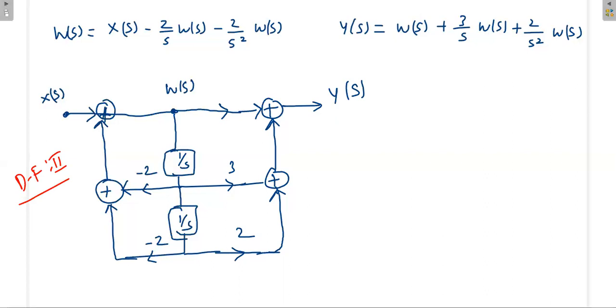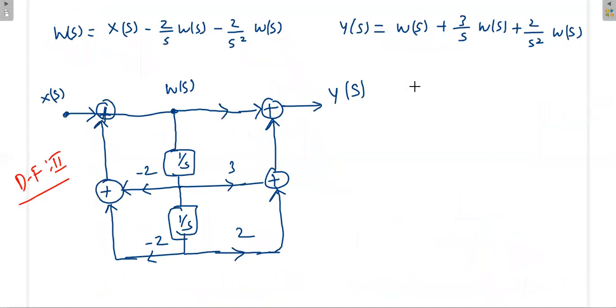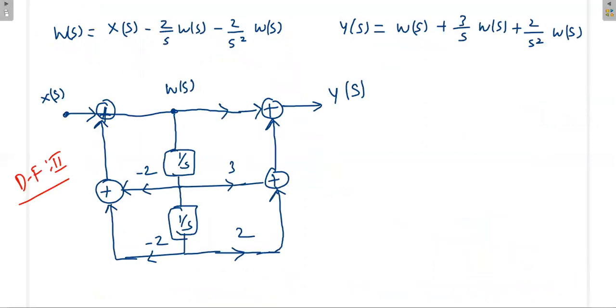Also we will verify the shortcut. What is that shortcut? On the output side, we have to use this variable without any sign change, that means 3 and 2. Again, on the input side, we have to use this variable with the sign change, that means minus 2, minus 2. Now we are using it. The same thing you can try with Mason's gain formula.